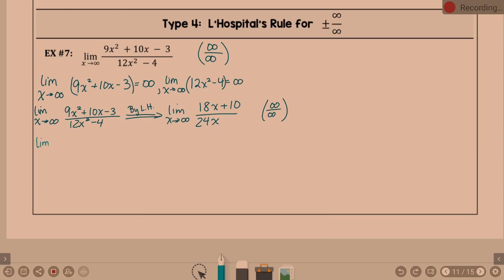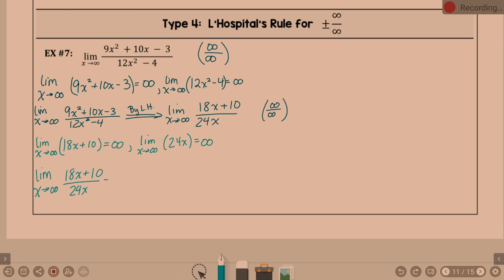The limit as x approaches infinity of 18x plus 10 is equal to infinity, and the limit as x approaches infinity of 24x is equal to infinity. So now the limit as x approaches infinity of 18x plus 10 over 24x.